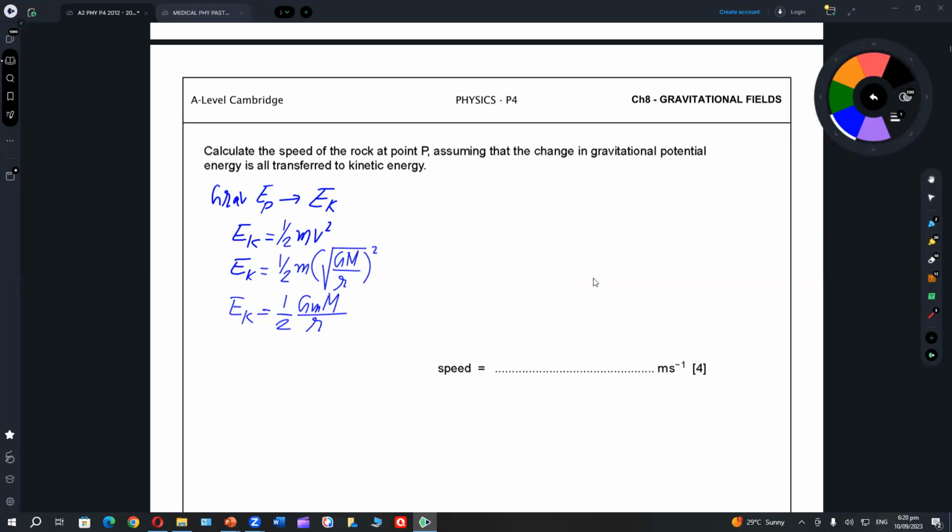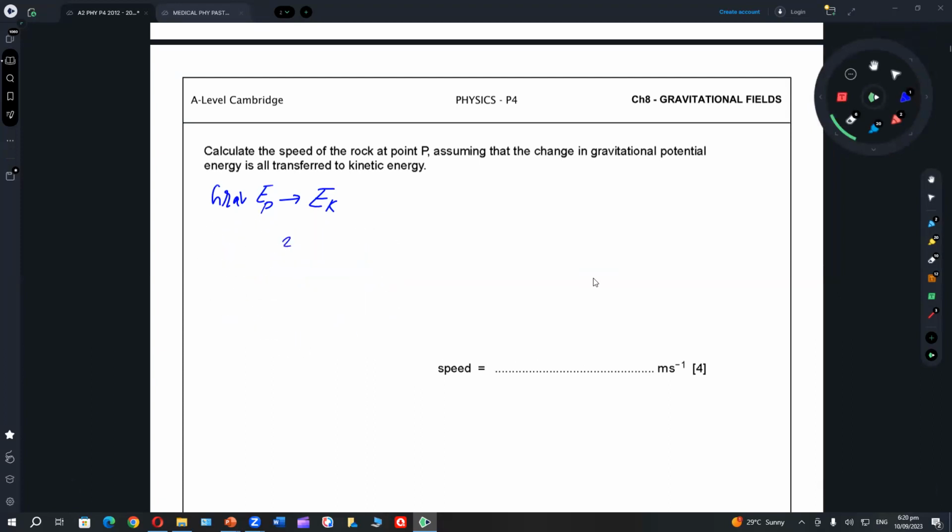I have used one option. I can also use an option to convert kinetic and potential equated. We have a formula for potential also. Look at this approach also, that it is minus GMm upon r is equal to half m v square.